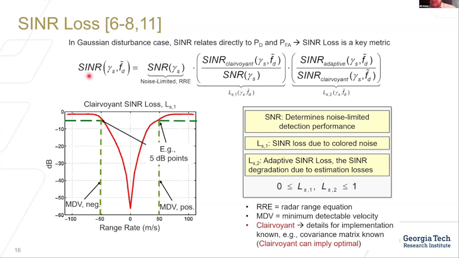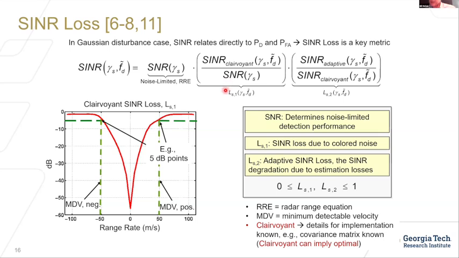So output SINR, for a given angle and Doppler, is the product of signal to noise ratio calculated through the radar range equation and typical link budgeting, times loss factors. You can have as many loss factors as you want. But what's typical is to use what we call clairvoyant SINR loss, which is the ratio of output SINR when we know everything about the signal processing implementation that's needed, divided by signal to noise ratio.